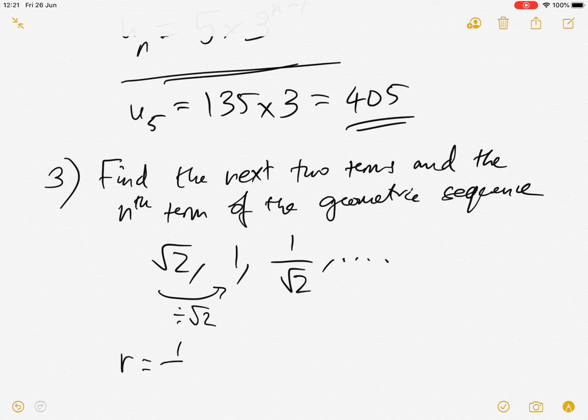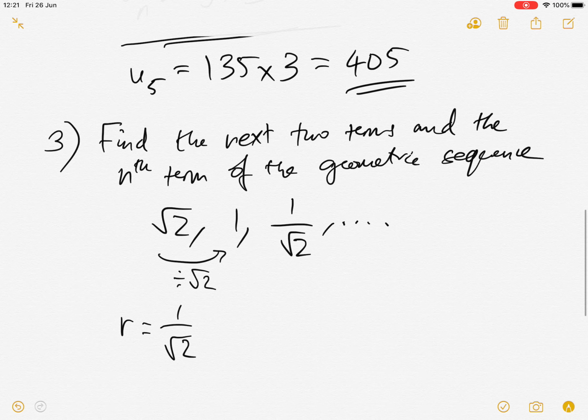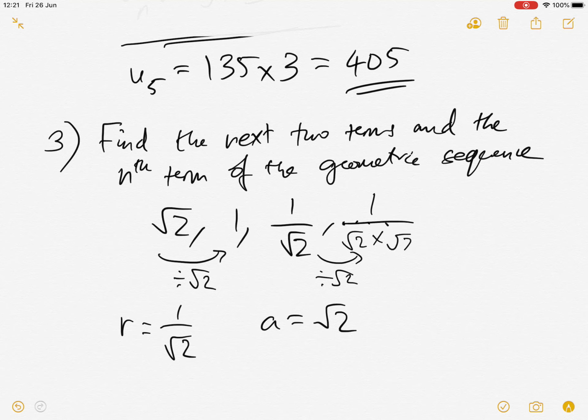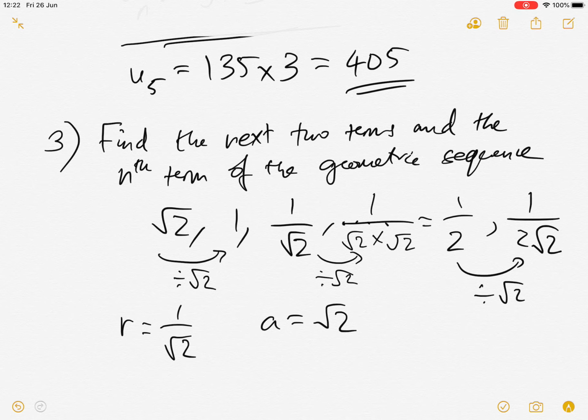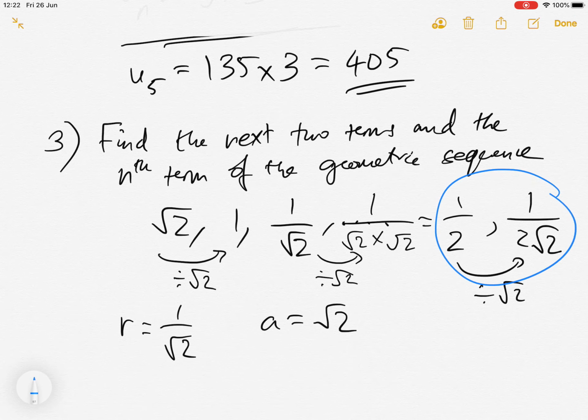So r is 1 over root 2, and a is the first term, which is root 2. So to get the next term, we're going to divide again by root 2, which would give us 1 over root 2 times root 2, or 1 over 2, a half. And the one after that, again, we'll divide by root 2, we'll get 1 over 2 root 2. So these are the next two terms.